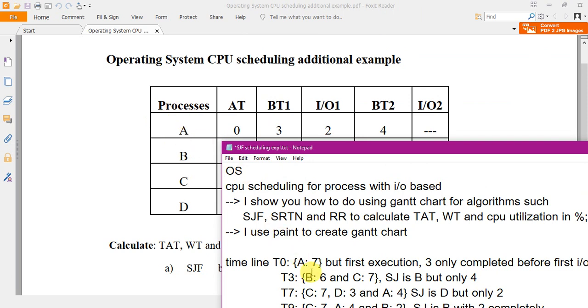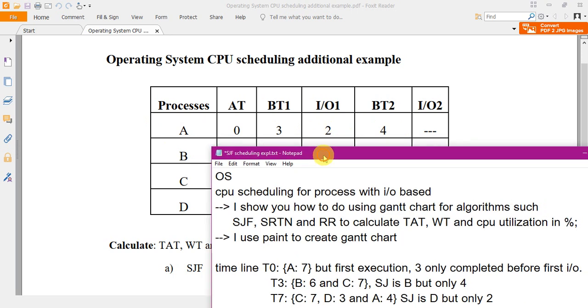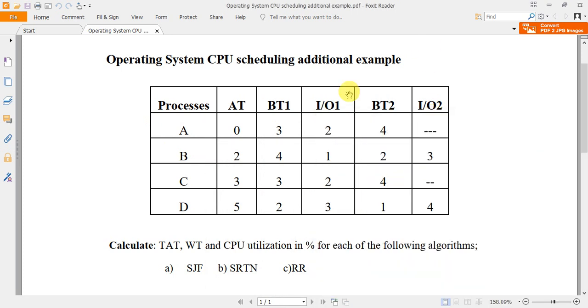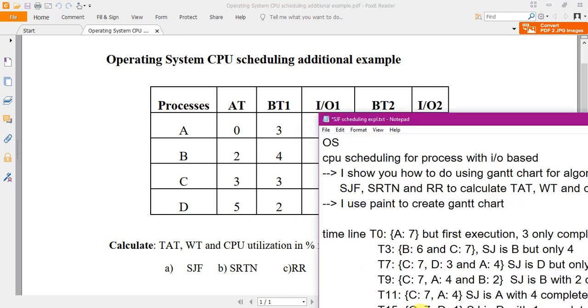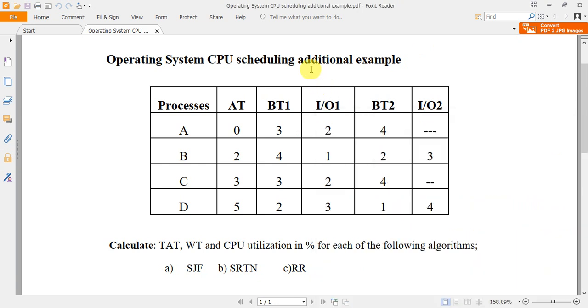You have to add all burst times. In the middle there are IO requests, but you first see the amount of execution time for the given process, which is the sum of all burst times, or service time.